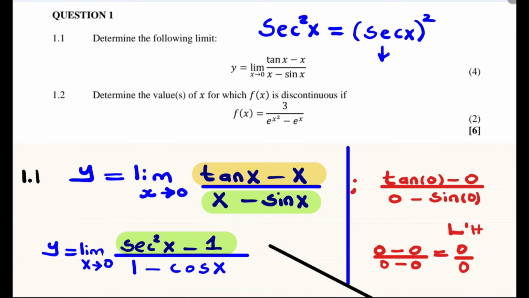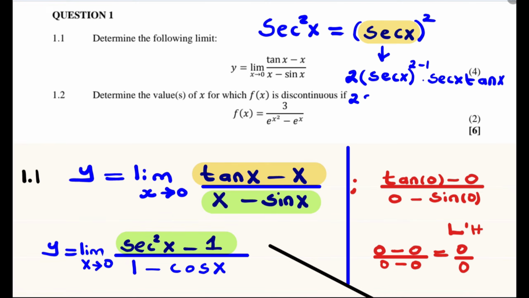So when we differentiate this, we have the 2 from the exponent multiplied by the inner function, the sec x, and we minus 1 from the exponent, and we differentiate the inner function, and the derivative of the sec x from the formula sheet is equal to sec x multiplied by the tan of x.